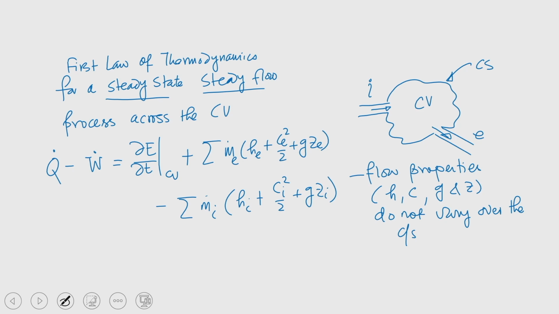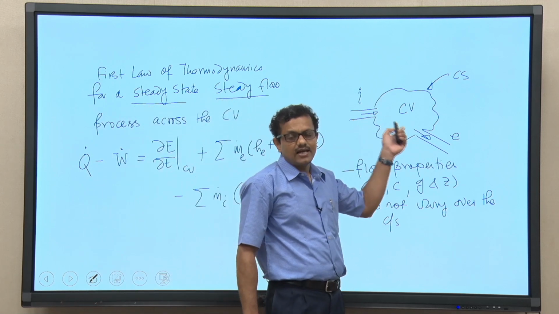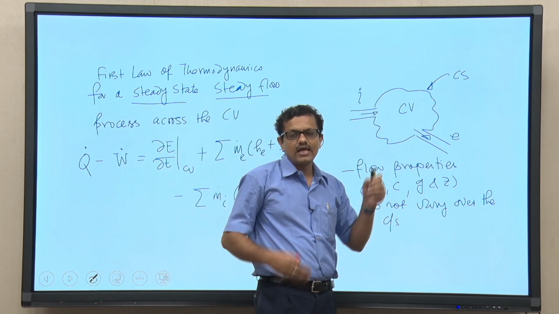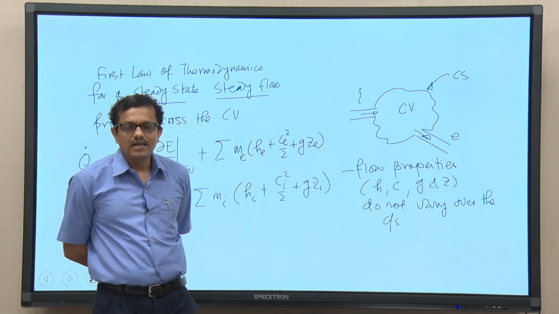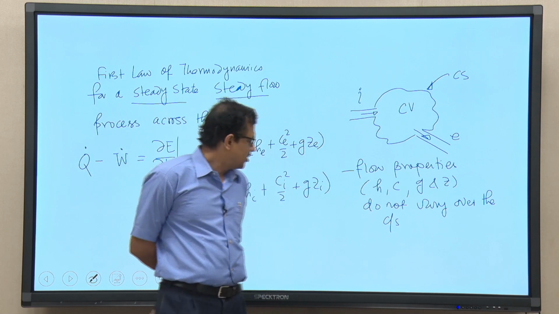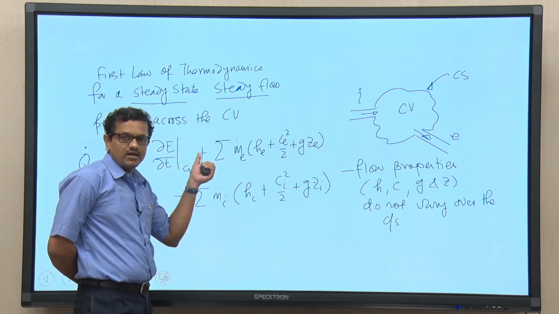I have taken this summation sign because we may have multiple inlets and multiple exits, so accounting for that possibility we have considered the summation sign. I hope you have understood.